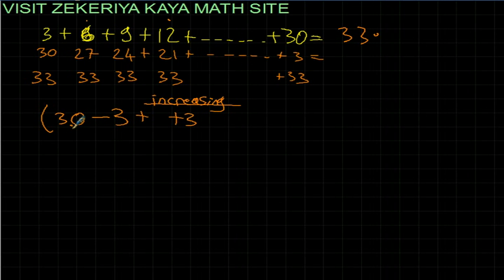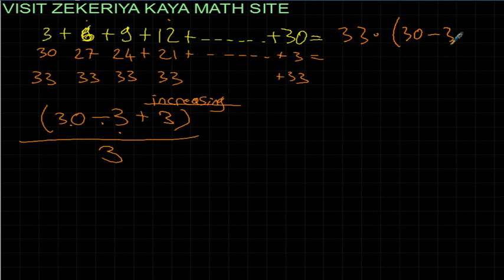Last number minus first number plus increasing number, divided by the increasing number. 30 minus 3, 27 plus 3, 30, 30 over 3 will be 10. But we will write it here with this same 30 minus 3 plus 3 over 3.